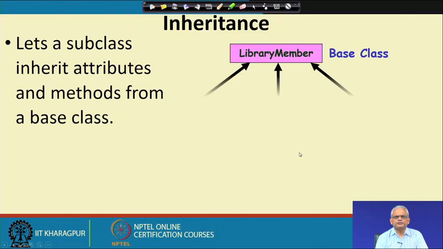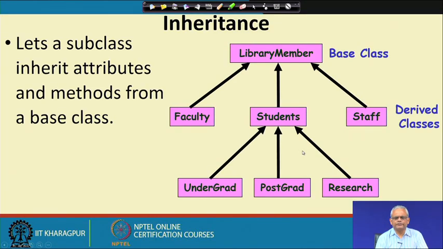A derived class inherits the attributes of the base class, and this helps in reusing the code. The library member may have some attributes and methods, and we do not have to rewrite those again in all these classes. These are automatically inherited when we use the inheritance mechanism, and that helps in code reuse.